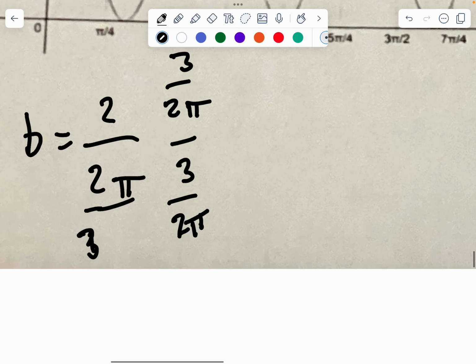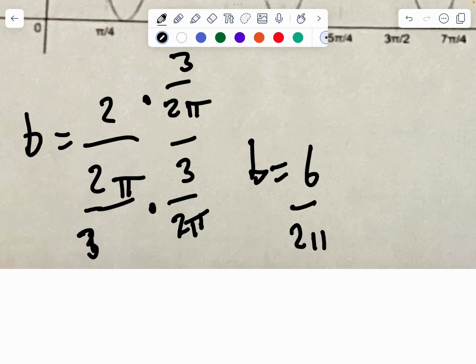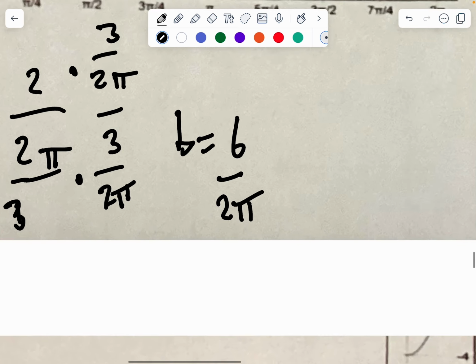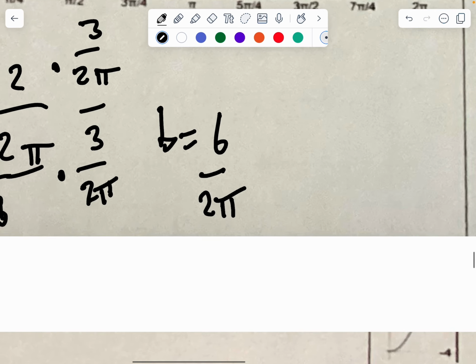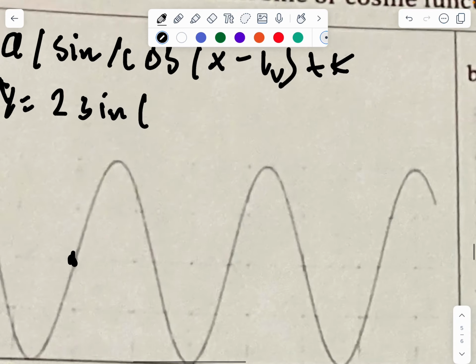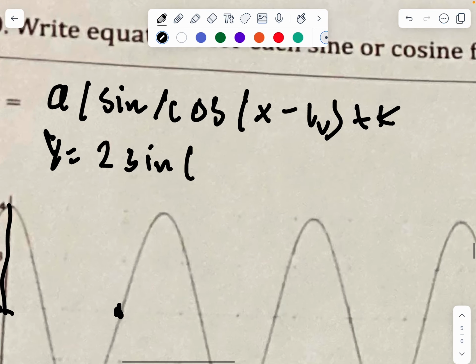So we're gonna end up with b equals 6 over 2 pi. Alright, that's going to be pi over 3. So our b value is pi over 3.